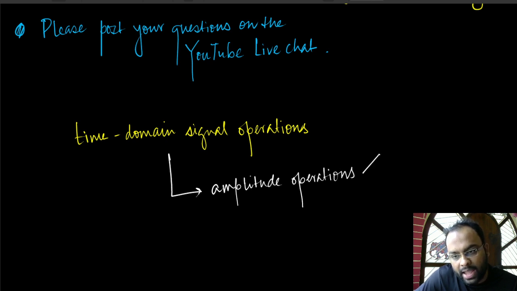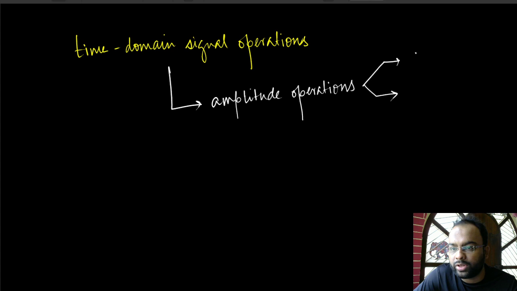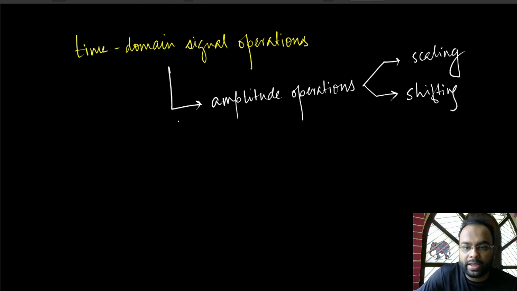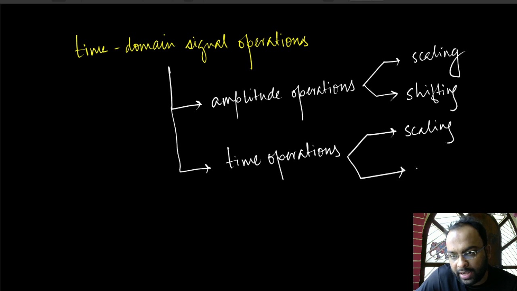In amplitude operations, you have two specific types, namely amplitude scaling and amplitude shifting. Similarly you have time operations, and here we have time scaling and time shifting.